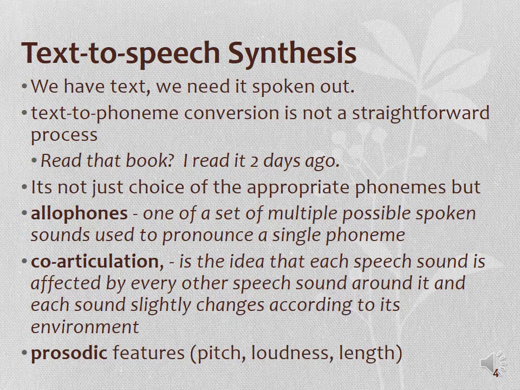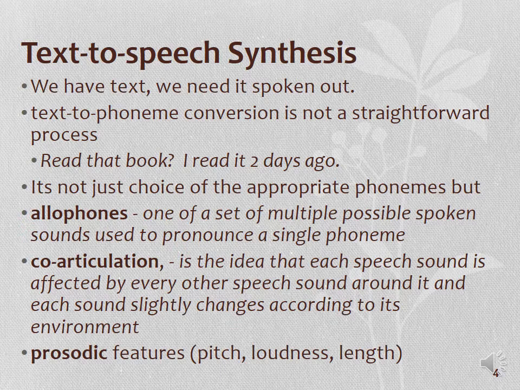So it's not just a matter of choosing the appropriate phonemes, but you have to look at a number of things. In this particular example, these are called allophones, okay? A set of multiple possible spoken sounds that are used to pronounce a single phoneme. So in this case, the phoneme can be read one way or it can be read another way. Then we have co-articulation, okay?